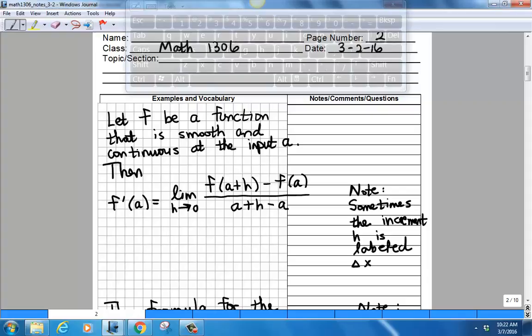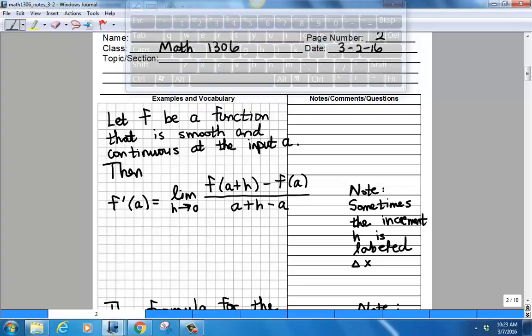If you have any function at all that's smooth and continuous at a particular input, and you want to find the instantaneous rate of change at that input, then you go through this limit process that we've just practiced 3 times.